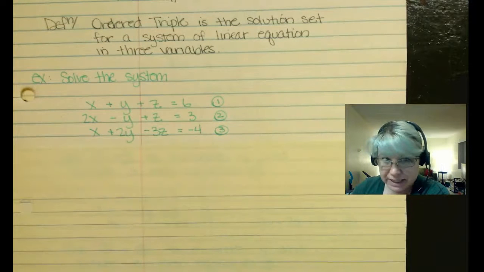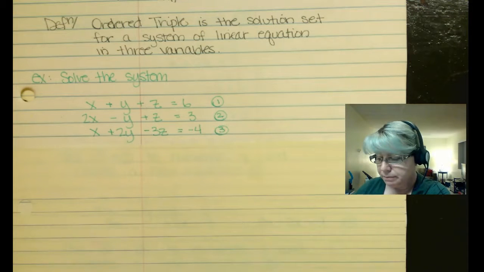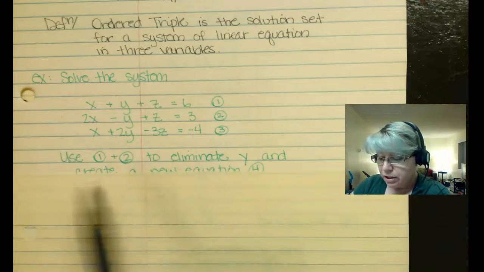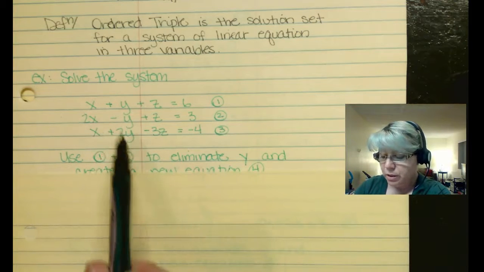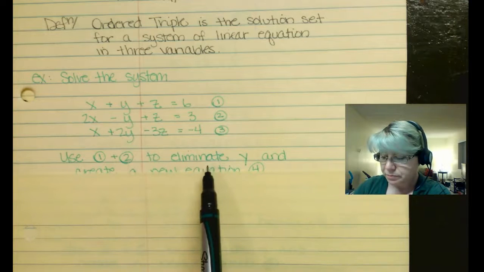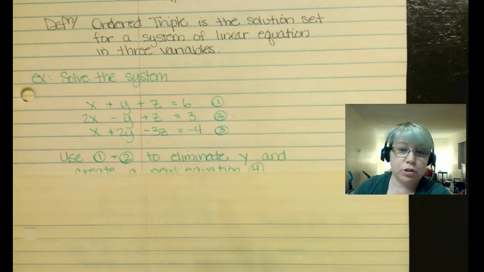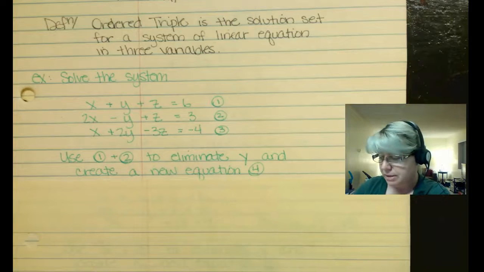For ease of reference, I've numbered the equations 1, 2, and 3. If I use equation 1 and add it to the second equation, I can eliminate the y, and I'll name the new equation 4 for reference.